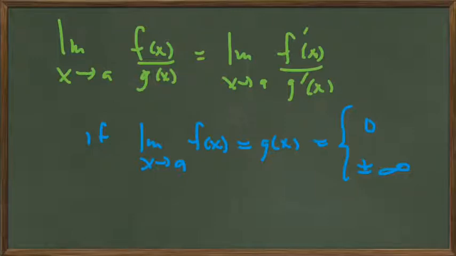And so if we look at this third example with the infinity type, let's look at it on the next blackboard: the limit as x goes to 0 from the right of e to the 1 over x divided by ln of x.